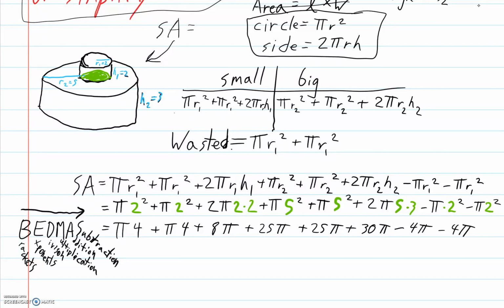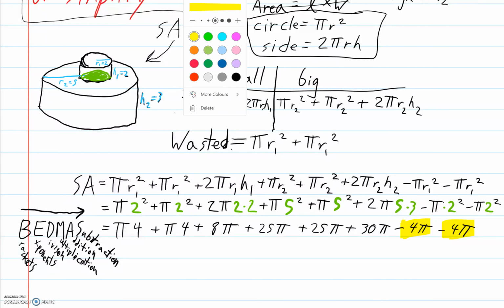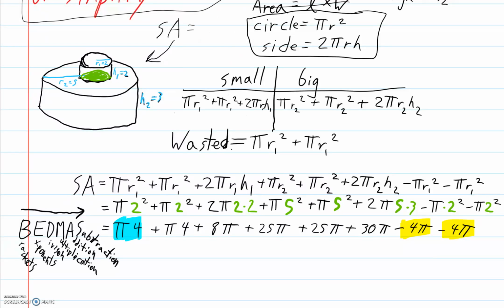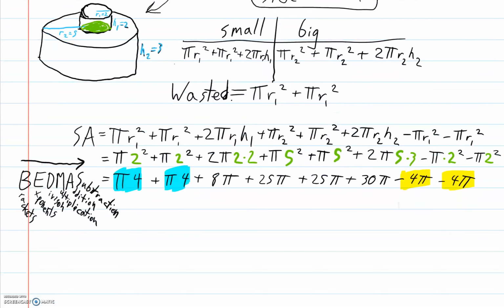Okay, and now if we add all this together, we will see that we've got a minus 4 pi and minus 4 pi. So I'm going to highlight these. Minus 4 pi, and interestingly, we have a minus and we have them added here, and here. So what we can do is we can cancel them out. Okay.